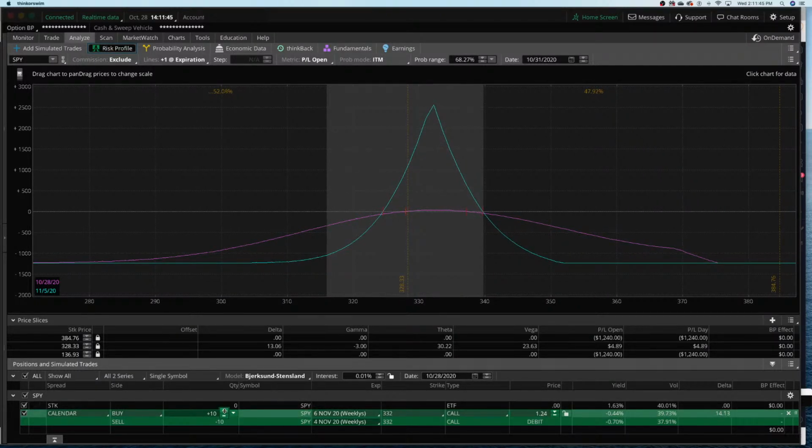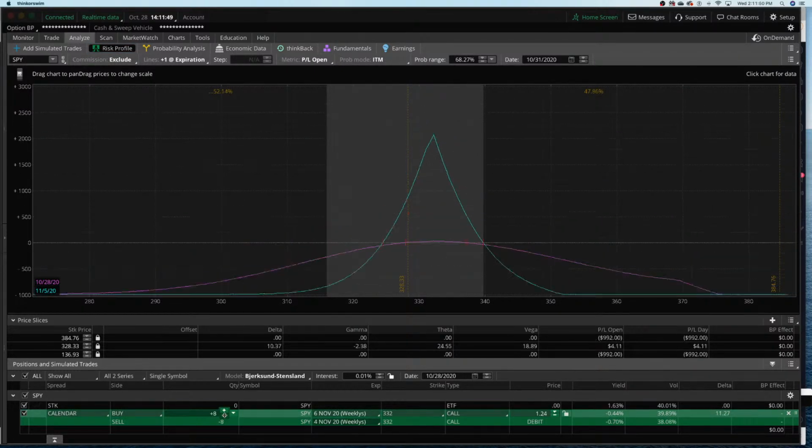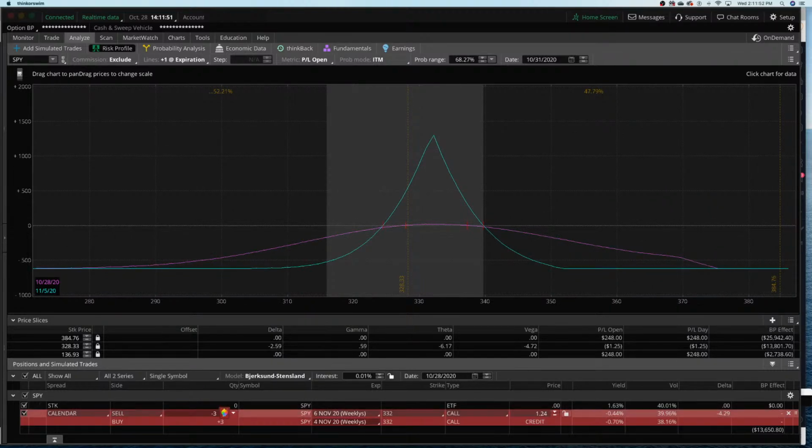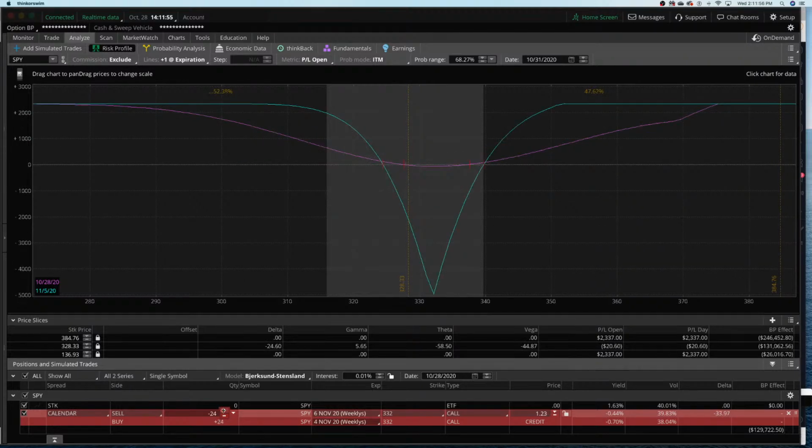We have a lot of contracts on here. We'll go down to one single contract and minimize the cost.